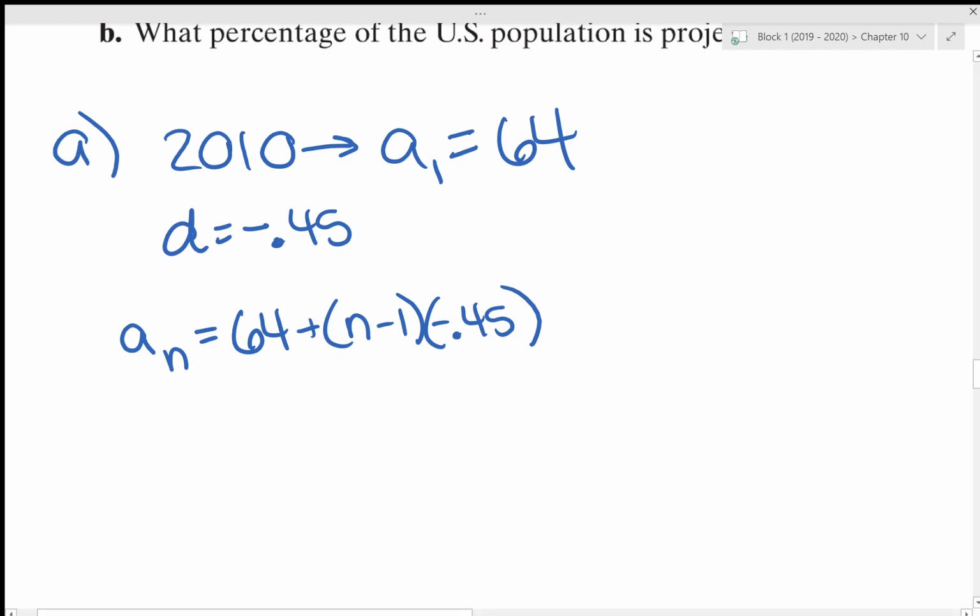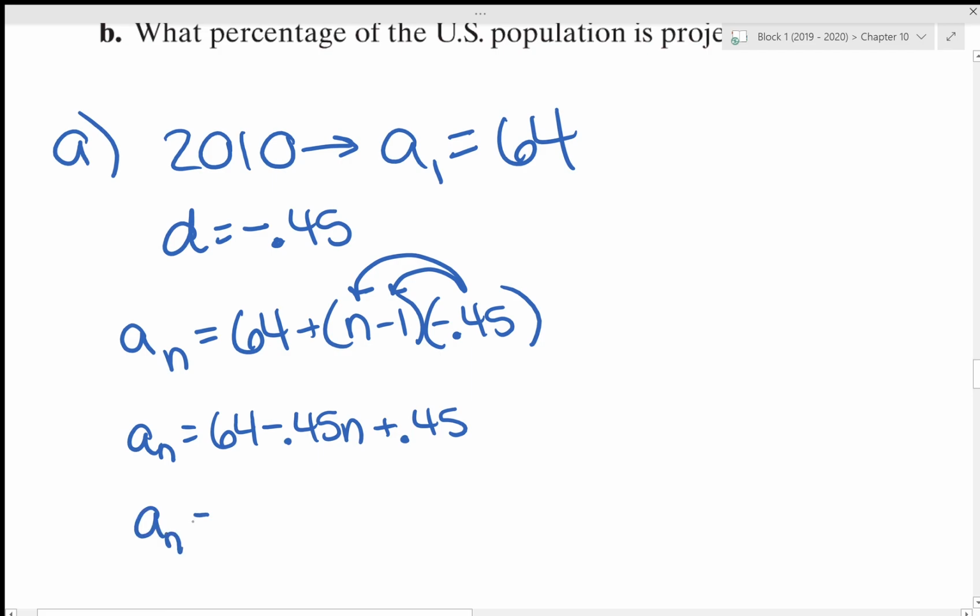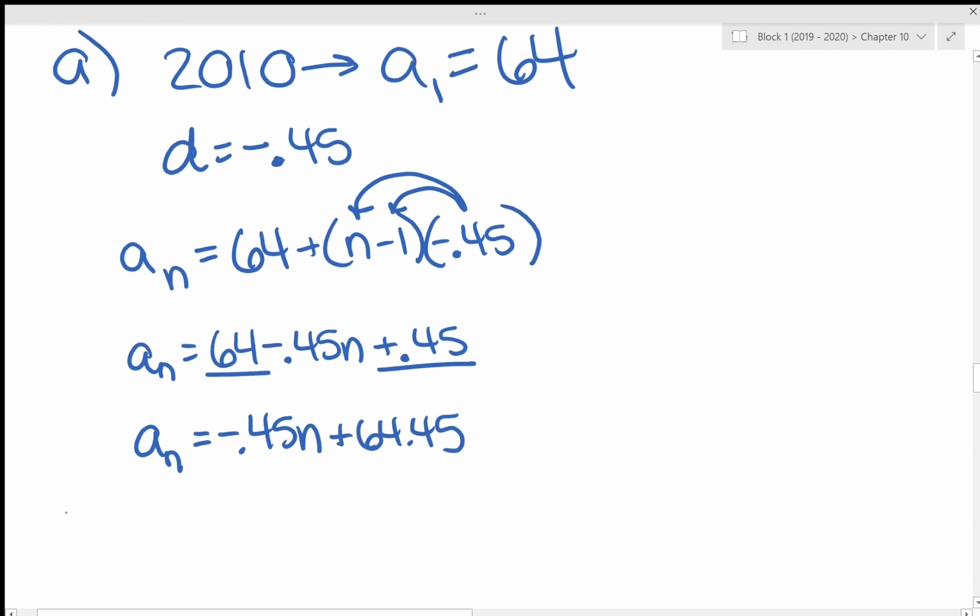So the negative 0.45 will multiply into the n and the minus 1. So I get a of n equals 64 minus 0.45n plus 0.45. Now I'm going to add my constant terms, and I get a of n equals negative 0.45n plus 64.45. So this is my general term.